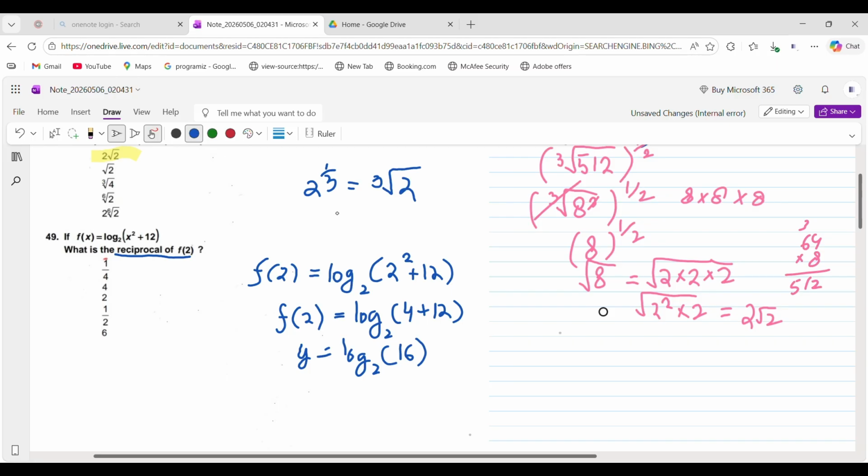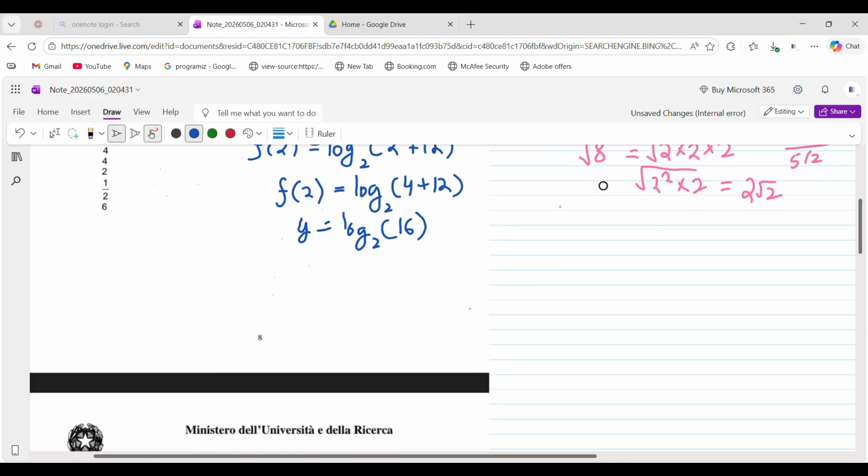Now see, here a very good log property is applied, and what's that property is basically, they say if you have log base a of y is equal to b, then how can it be solved? It's basically very simple.